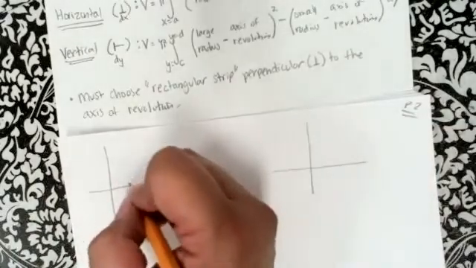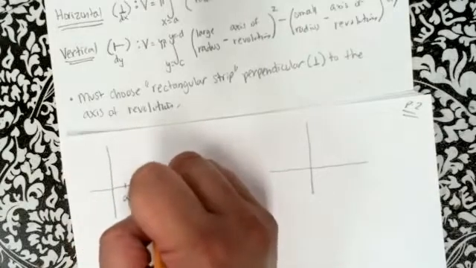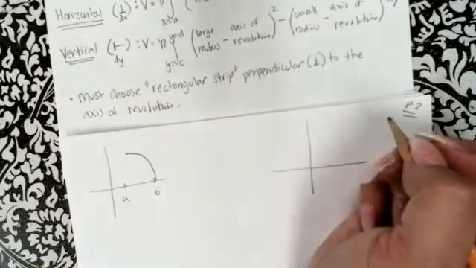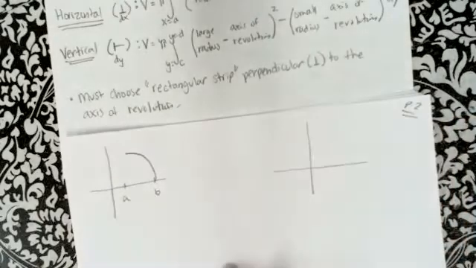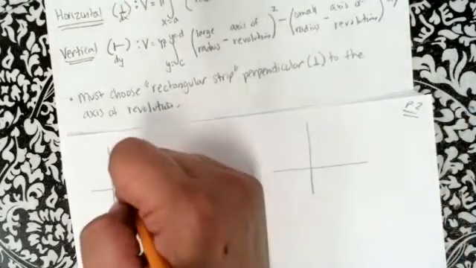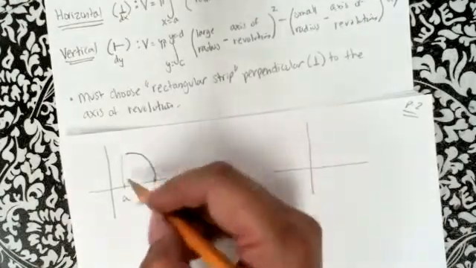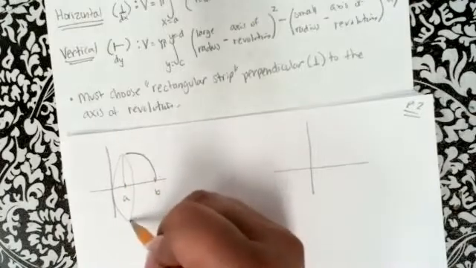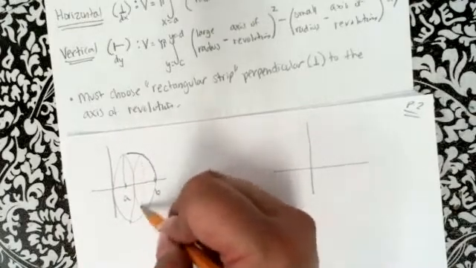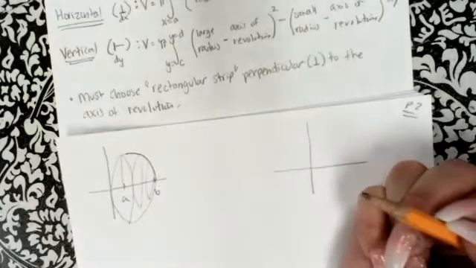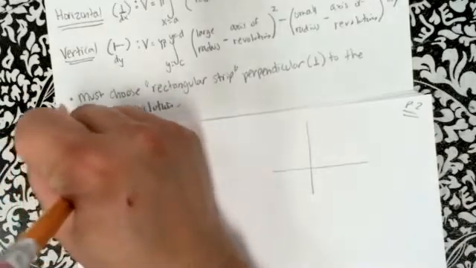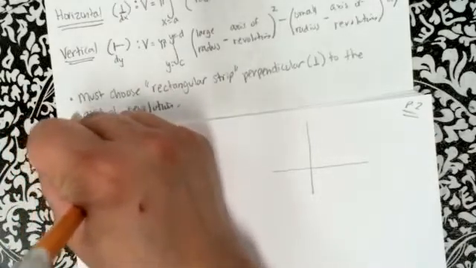So if we have a graph like this, here's A to B, and it looks like this. So this one is going to be a horizontal axis of revolution. So I don't know if you guys can picture this. It's going to rotate around like this. So this is going to be a horizontal axis of revolution.